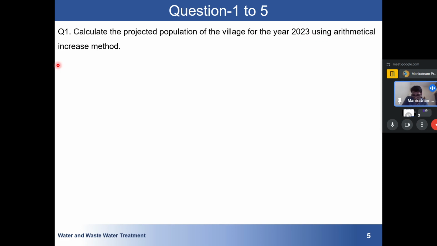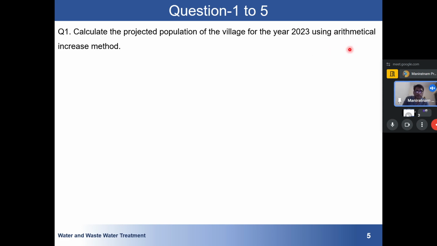I have already said there have been several methods designed for estimating the population. One of the simplest, which is generally not used, remember this, is the arithmetical increase method. It is generally said that when the population of an area is very small, this method can be applied, but when the population of any area is very large, then this model is not applicable.